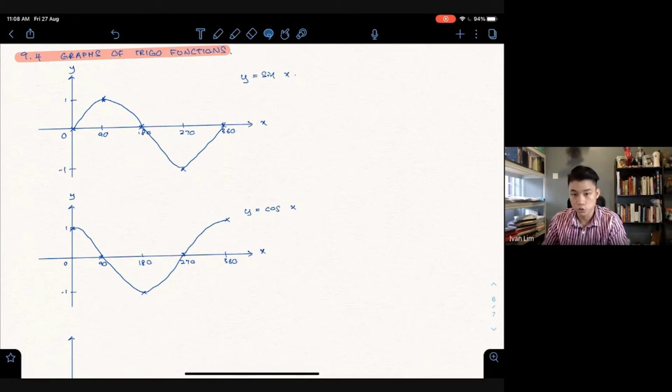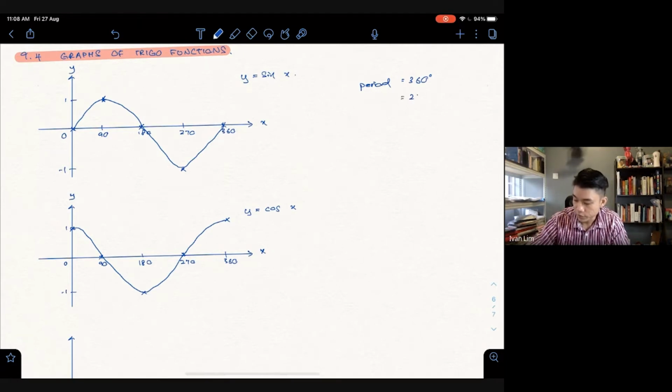What we just drew is one whole period. Period means one cycle. One period is equal to 360 degrees, or we can say one period is equal to 2 pi if we count it in radians.